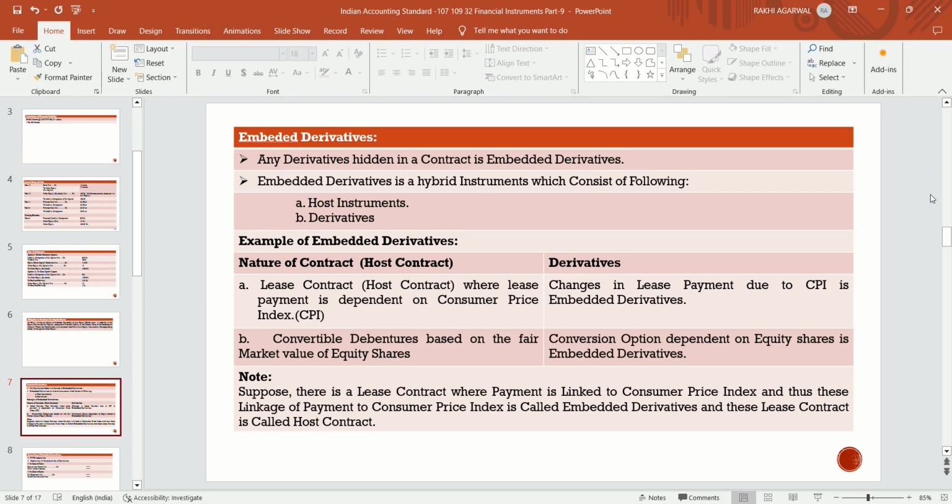Whether the option is exercised or not depends on the share price of the equity shares, which is also an embedded derivative. So the note will be: there is a lease contract where payment is linked to the consumer price index, and this linkage of payment to the consumer price index is an embedded derivative, and this lease contract is a host contract. Means the main lease contract is a host contract.